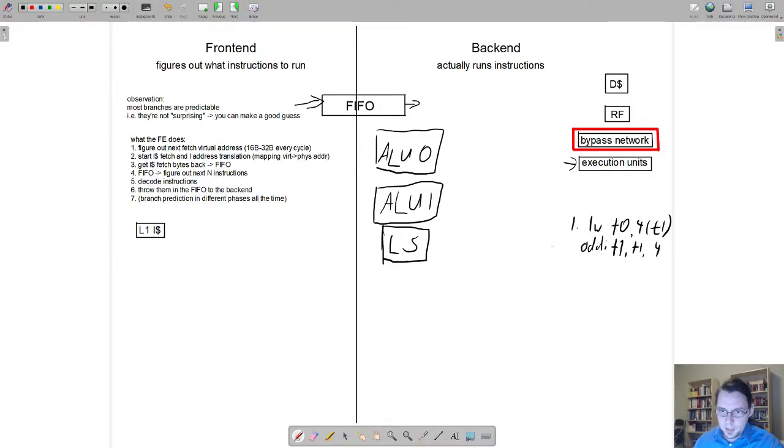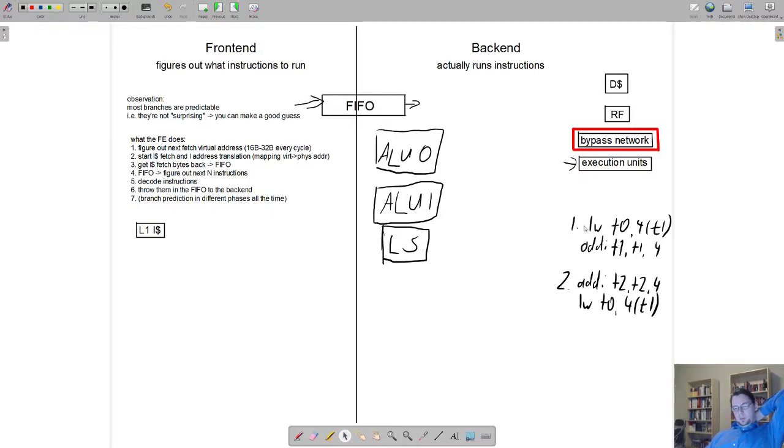The second possible sequence would be, I need to do something different or they can't pair, so let's do add T2, T2, 4, and then have the load. So these are two possible groupings of two instructions you could conceivably run inside a cycle.